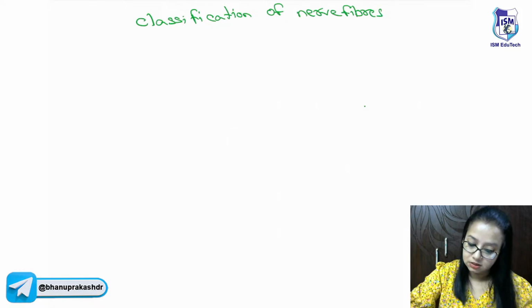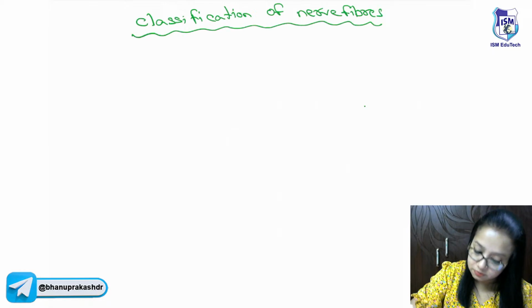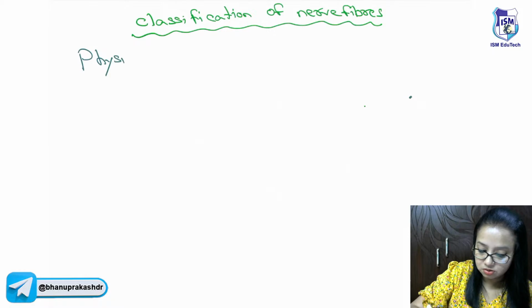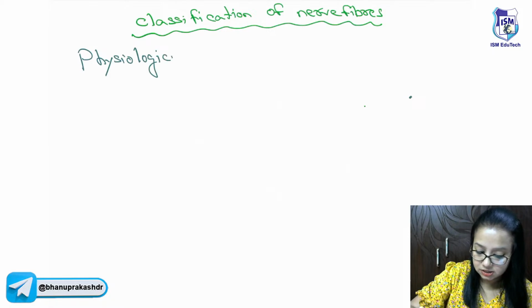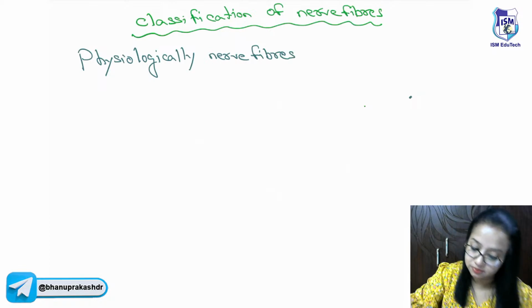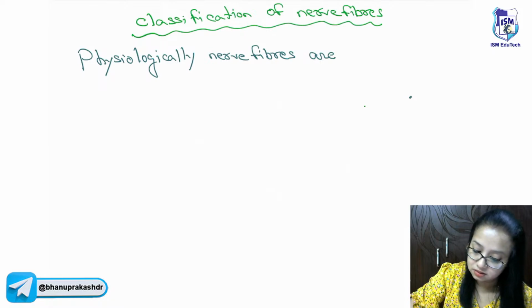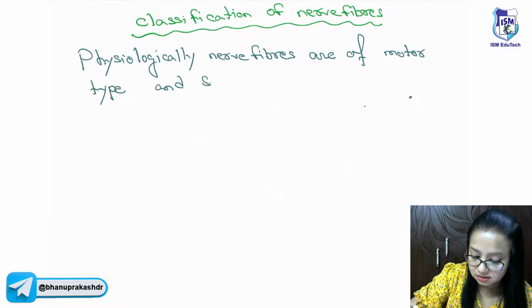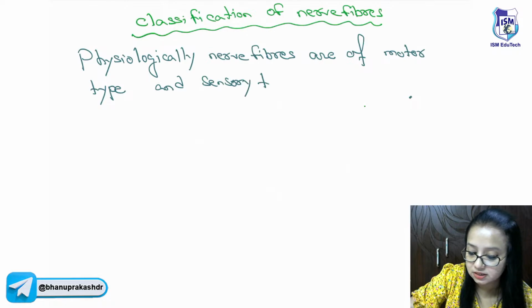Nerve fibers physiologically are of motor type and sensory type.